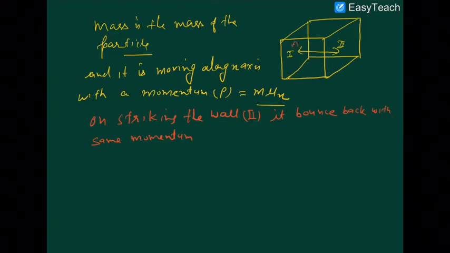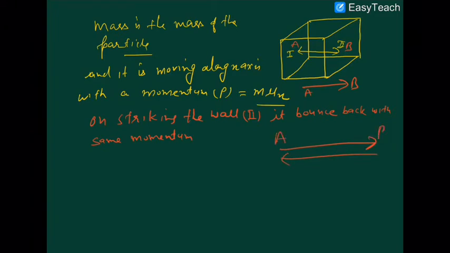Earlier it was going from A to B, now after striking it will return, going from B to A. So the momentum, which was P1, now becomes P2, and P2 is equal to minus m mu x.